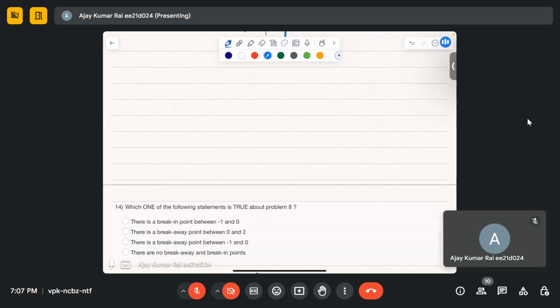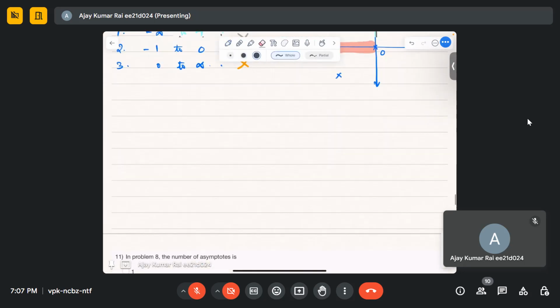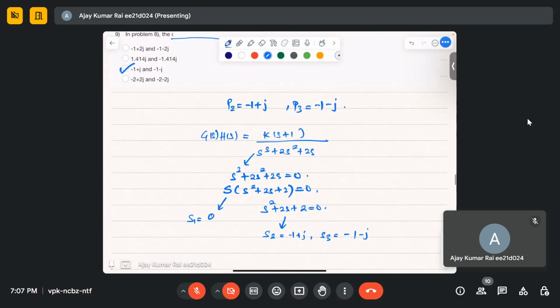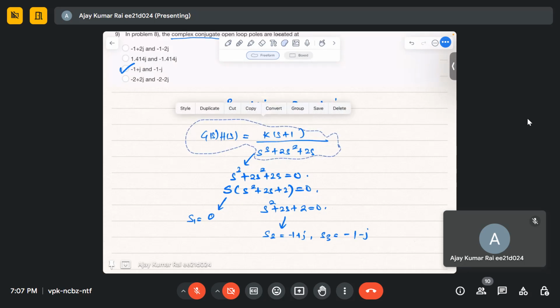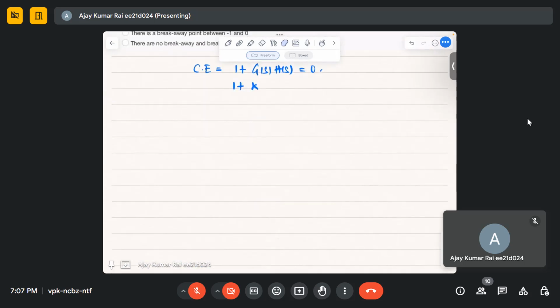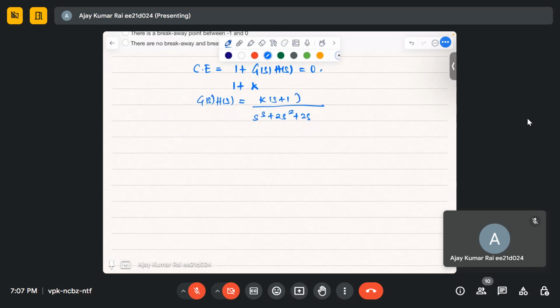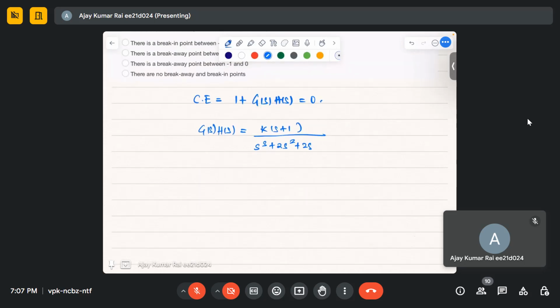So for problem 8, the open loop transfer function was this one. Let me just copy this. So G(s)H(s) equal to K into (s plus 1) by (s cube plus 2s square plus 2s).